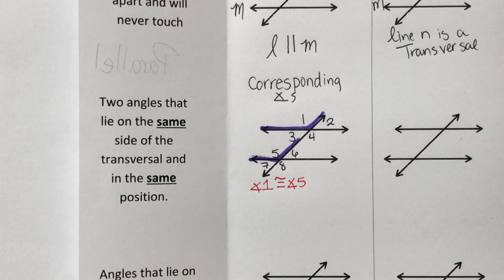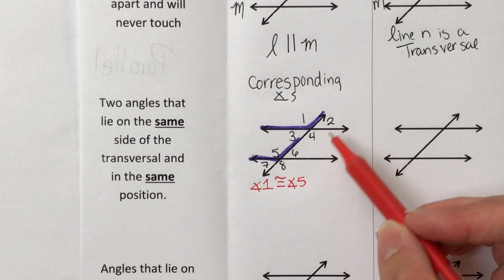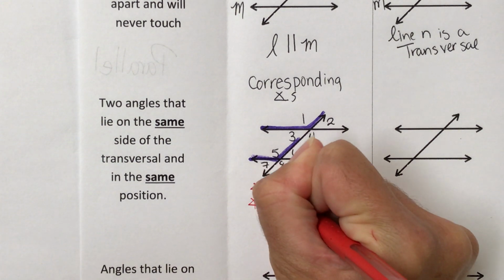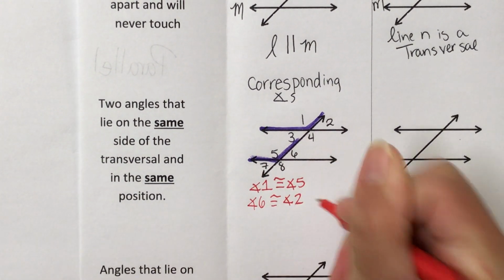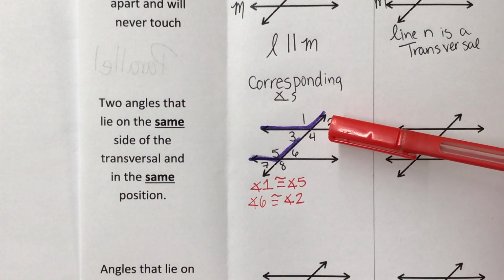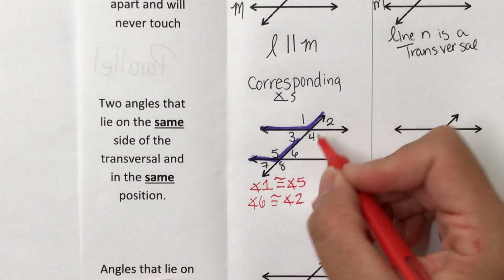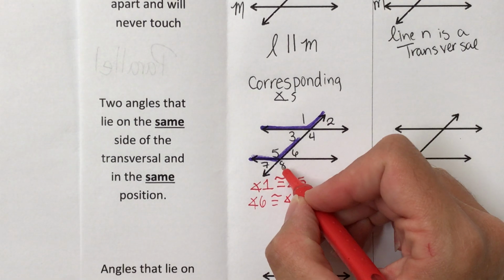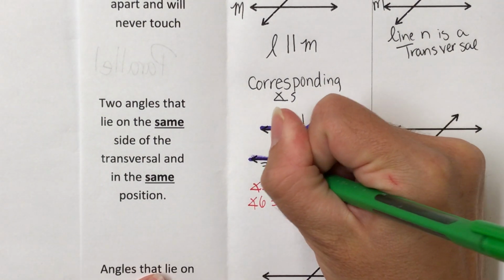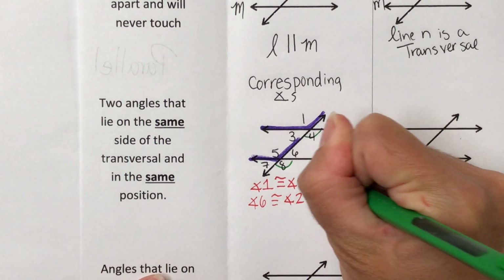So another set of corresponding angles in this picture would be angle 6 and angle 2. Angle 6 is congruent to angle 2. They're corresponding. Okay, so 1 and 5, 6 and 2. What about angle 4 and angle 8? Notice how angle 4 is corresponding and congruent to angle 8.